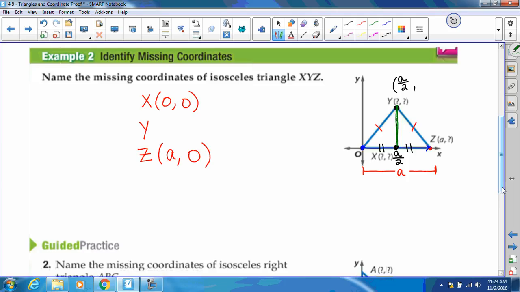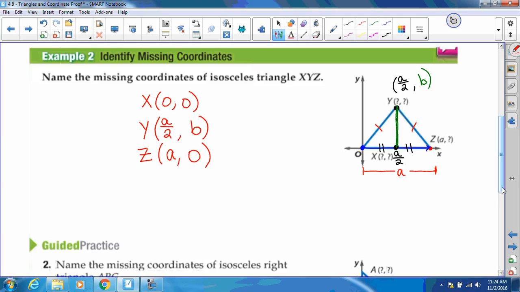They don't give us any specifications about what the height is, so we can go up as high as we want to. It doesn't matter what it is. You can pick any letter. I'm just going to pick B. So the coordinates of my vertex would be a over 2, comma, B. There are no restrictions on the height, so that's why my y coordinate can be any letter I choose. You could have said C, D, X, Y, etc.